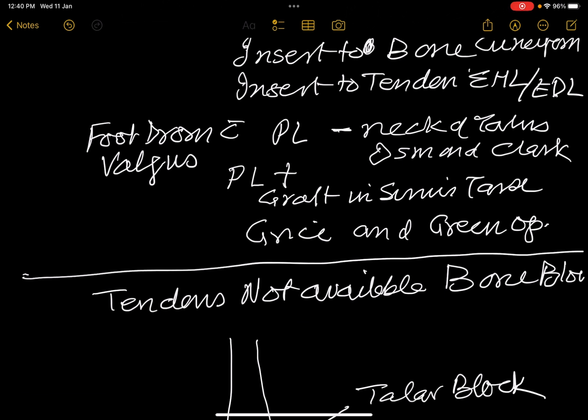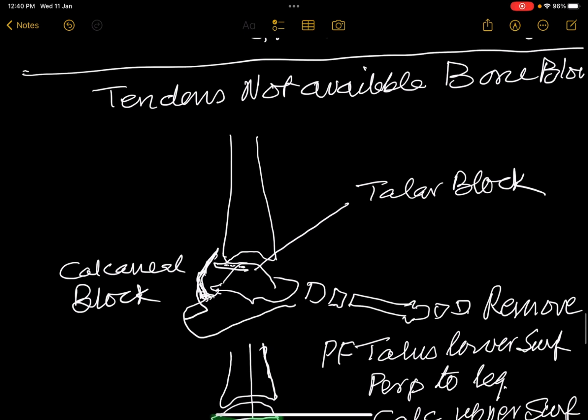Now, if there is valgus, you transfer the peroneus longus to the neck of talus. If you do only this, it is called Osmond-Clark operation. But if you combine it with lateral graft into the sinus tarsi, it is known as the Grice and Green operation. Then, if tendons are not available, you do a bone block.